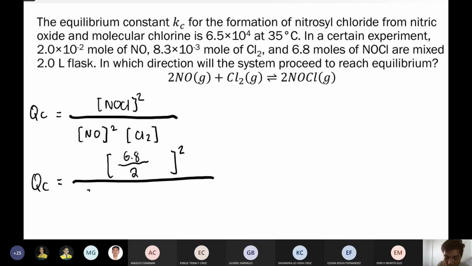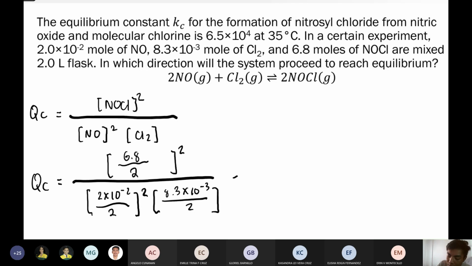That will give me 2 times 10 raised to negative 2 divided by 2 liters, squared. Then chlorine gas will be 8.3 times 10 raised to negative 3 divided by 2. Ayan, so we solved for Qc.